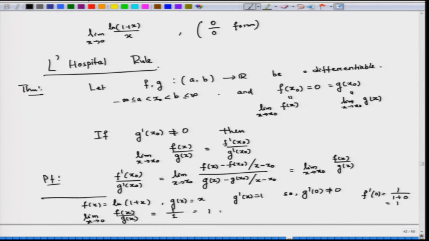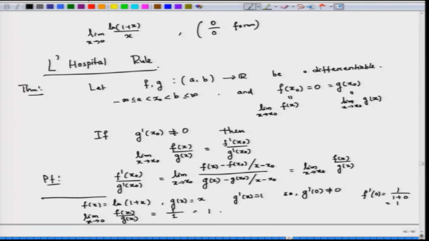Okay. So, now, it is one thing in this L'Hopital rule, it is essential to have that the limit as x goes to x naught of f of x is equal to 0 and so also g of x naught is equal to 0.